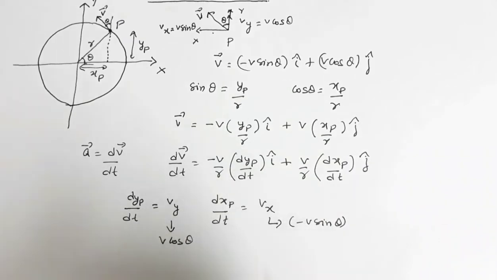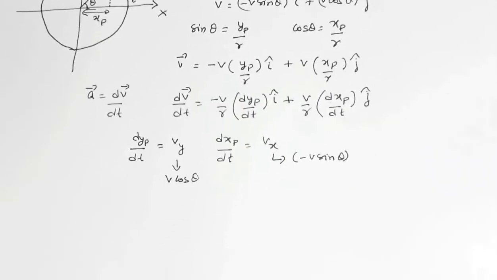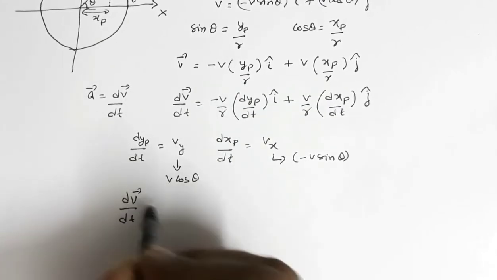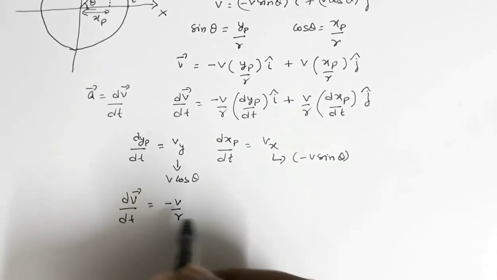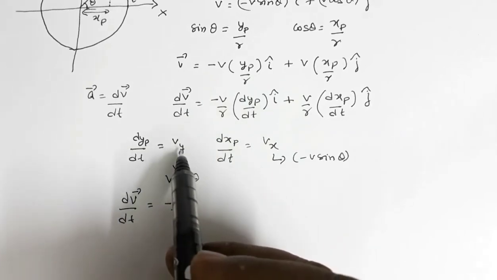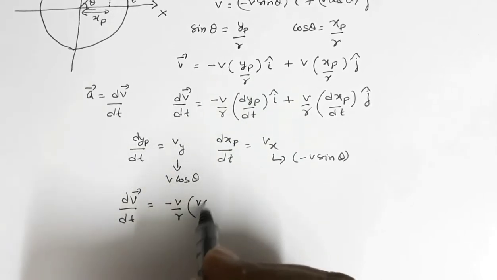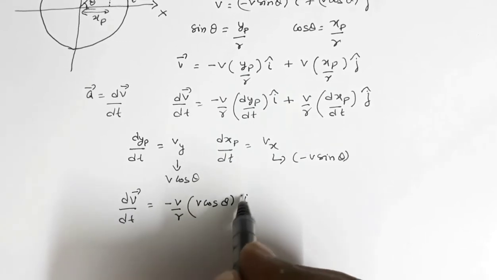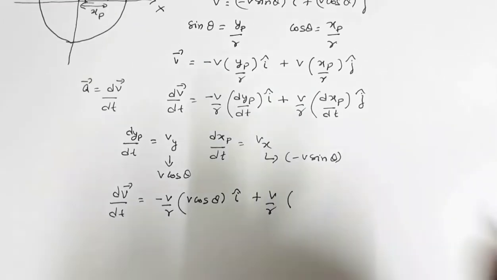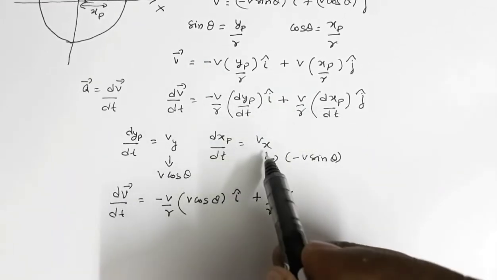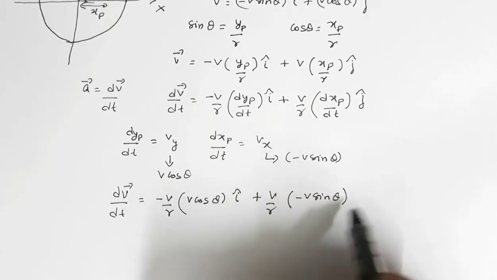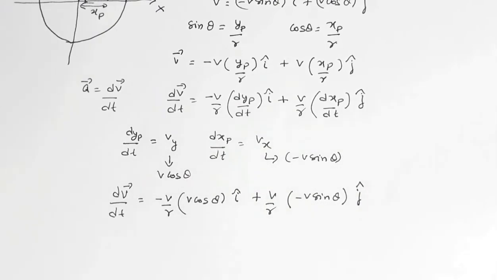Substituting those values, dv by dt is equal to minus v by r times v cos theta i cap, plus v by r times minus v sin theta j cap.